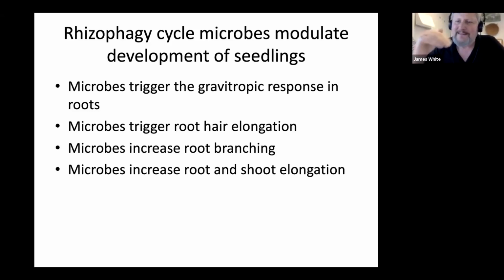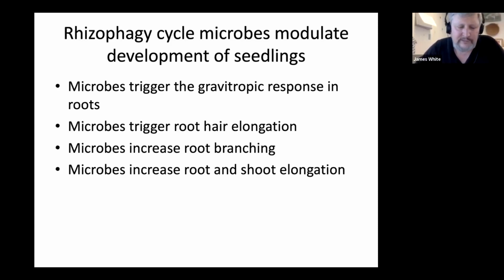So it's necessary to have the microbes there for the gravitropic response. Also, root hair elongation. If you have no microbes on a seedling, you have no root hairs forming. You may have root cells growing, but you don't have bacteria in the root cells in order to trigger root hair elongation.